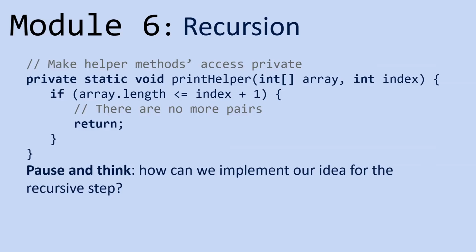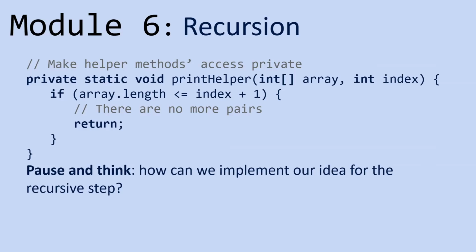So that's why that's the base case, because we have to stop at the value before the last value in our array. And there's technically other ways you could have written the base case. Like you could have written the base case so that we stop making recursive calls after we print the last two values in the array.